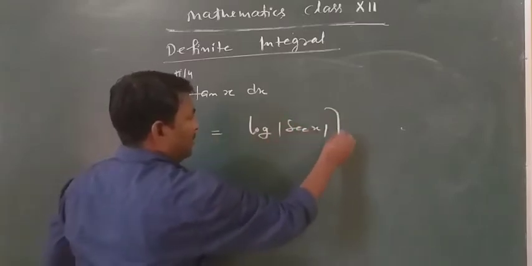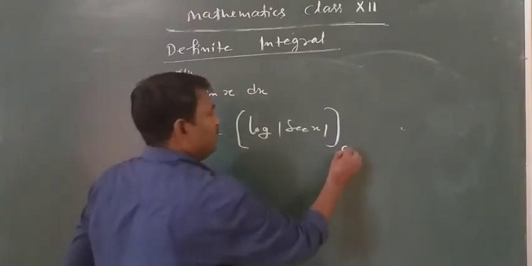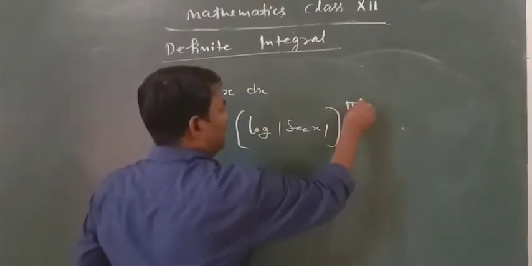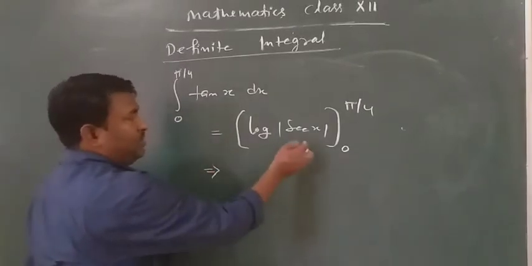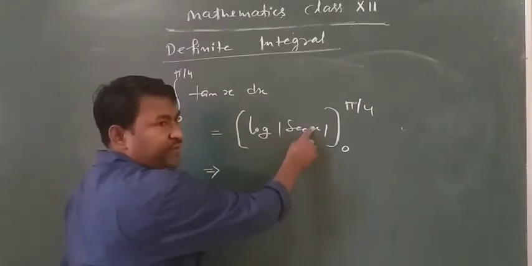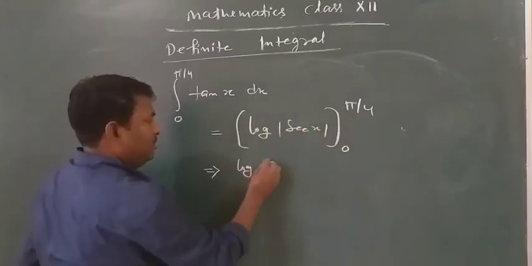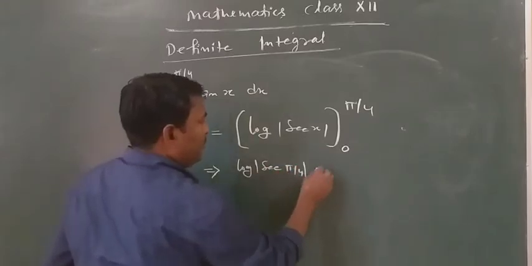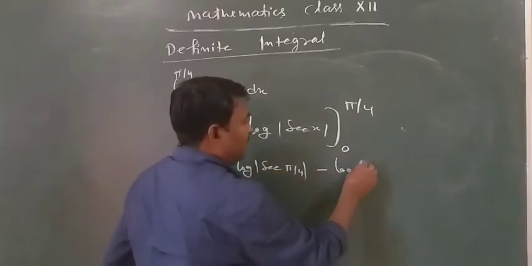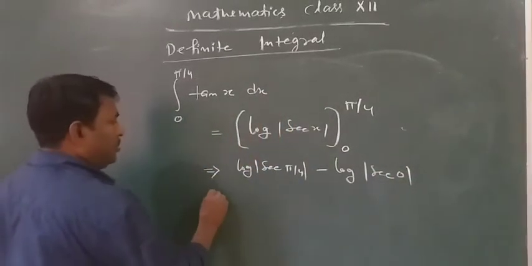Now in the capital bracket, you need to put the limits 0 to pi by 4. Putting first in the whole result at the place of x the upper limit, we get log sec pi by 4 minus log sec 0. What will you get?